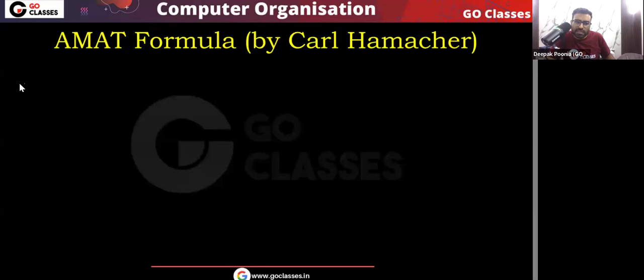Very simple. Remember the average memory access time formula we have already seen in the previous lecture in terms of hit time and miss time. What was that? That was cache hit rate into cache hit time plus cache miss rate into cache miss time.